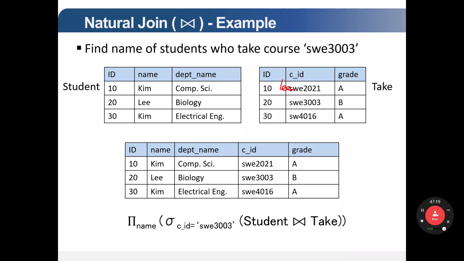In the second row, 10 Kim SWE 4004 will be inserted. And for Lee, again, we will have two more records. And for Park, we are going to have three more rows. So in total, seven records will be inserted in the output table. Okay? Good.